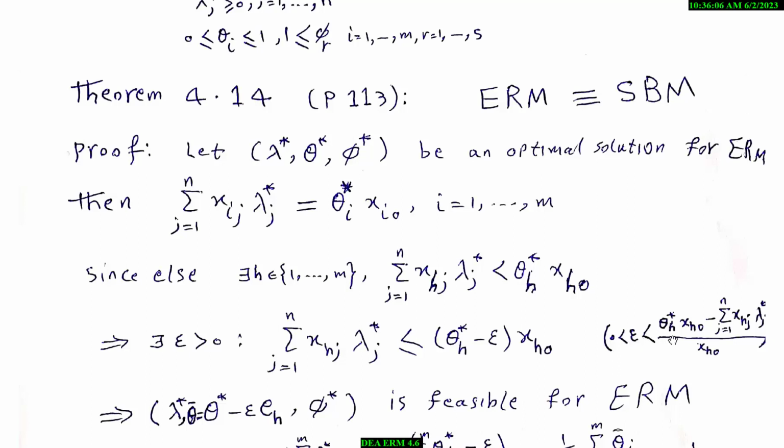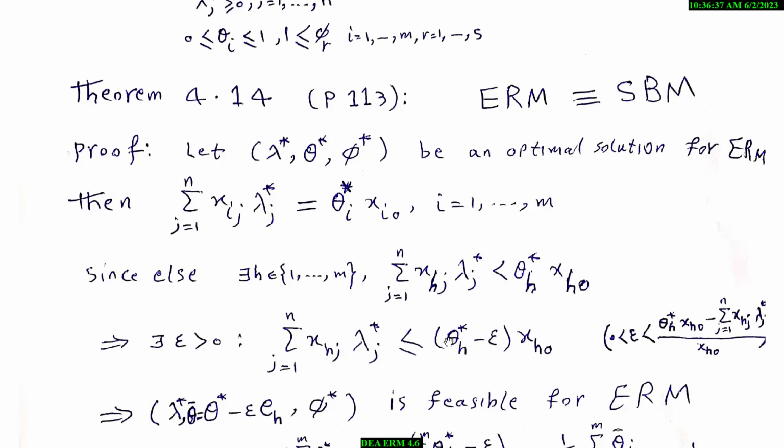If we put epsilon the upper one, this is equality, and for the other epsilons this is strict inequality. However, we always have this for i equal to h. For the other i, we have equality. For this h, we have inequality or equality.